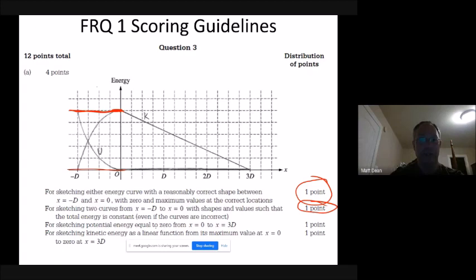For sketching potential energy equal to 0 at x equals 0 and at 3D, perfect. And then for sketching that the kinetic energy is linear from 0 to 3D, this part of the graph, you got another point. So 4 possible points. You might not have gotten all of those, but hopefully you got some of them.